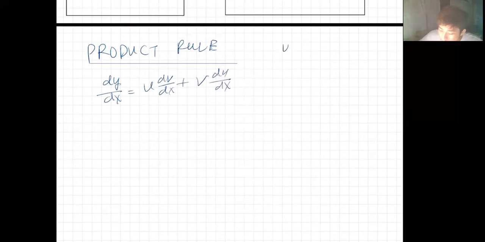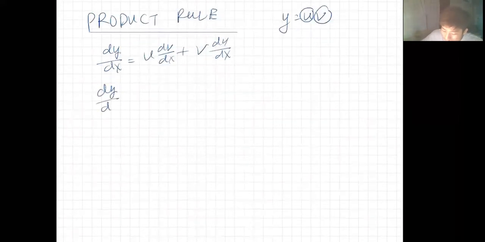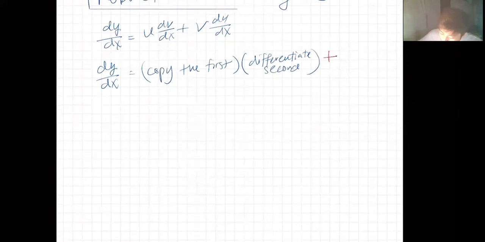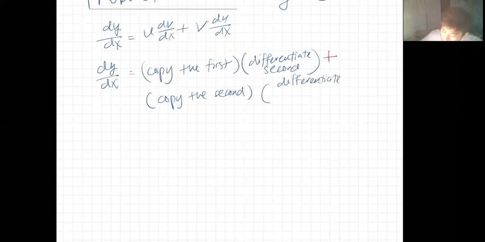What is u and what is v? When you have y equals u times v, basically a function of x, first function of x and second function of x. Or if you want to use my method, dy/dx is basically copy the first times differentiate the second, then it's plus, don't forget it's plus, then you copy the second, differentiate the first.